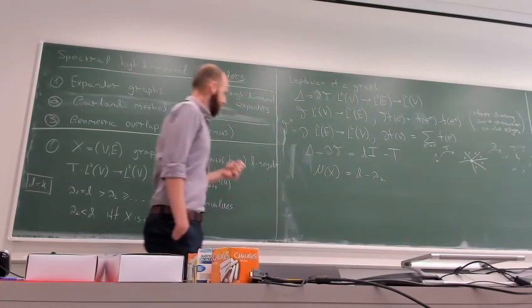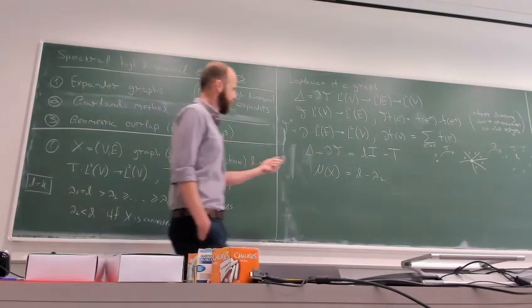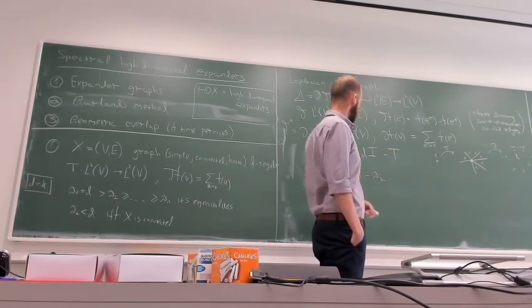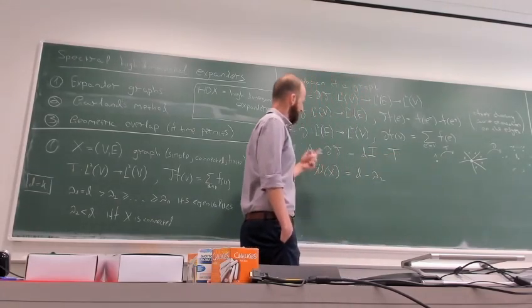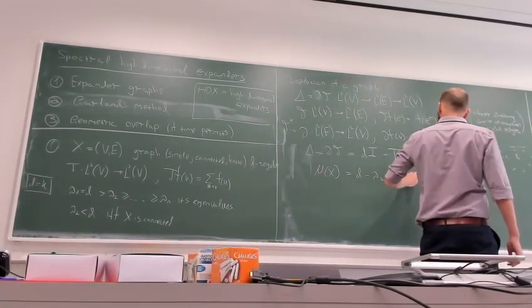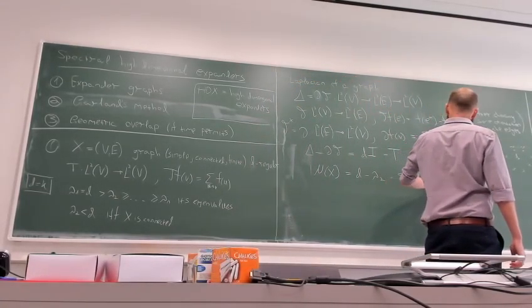And the gap between the largest and the second largest eigenvalue of the adjacency operator is the minimal non-zero eigenvalue of the Laplacian, and this is what is called the spectral gap of the graph.